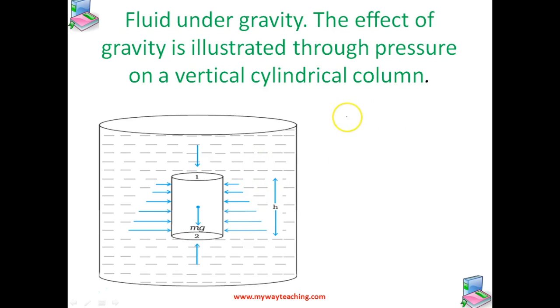The liquid pressure is the same at all points at the same horizontal level, that is, at the same depth. This result is appreciated through the example of the hydrostatic paradox.